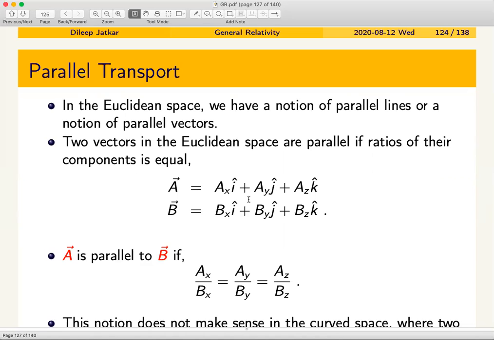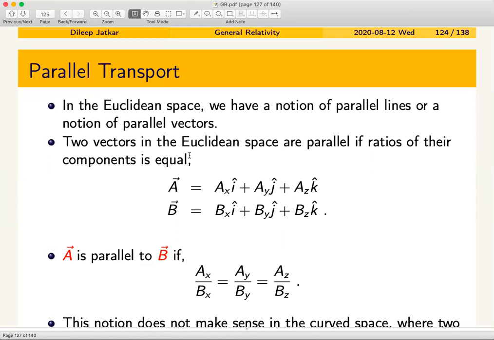Suppose we have two vectors in the Euclidean space. We write the components of the vector like this: A as ax i plus ay j plus az k, and similarly B in terms of bx, by, and bz.